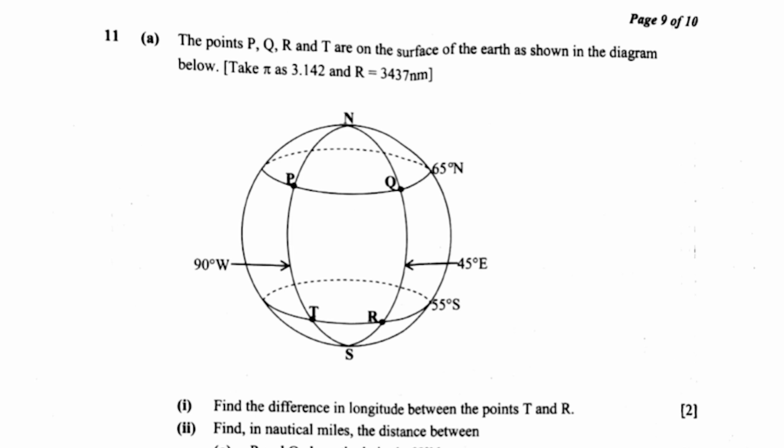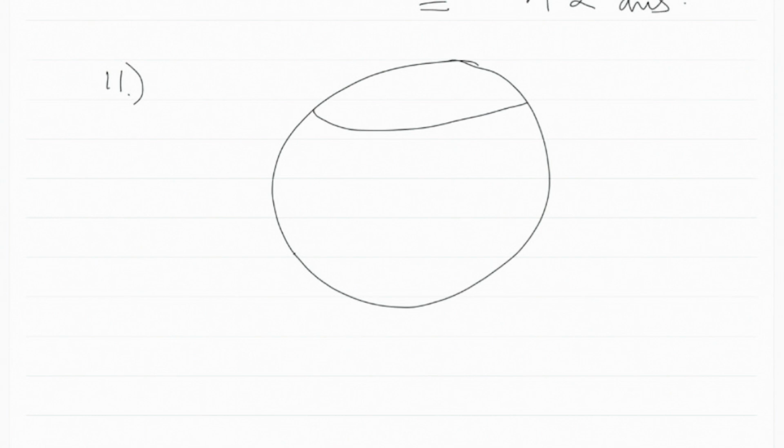I'll read it the way it's appearing on your screen. The points P, Q, R, and T are on the surface of the Earth as shown in the diagram. So we are on question number 11, and the diagram shows the Earth's surface, and we have points like this.